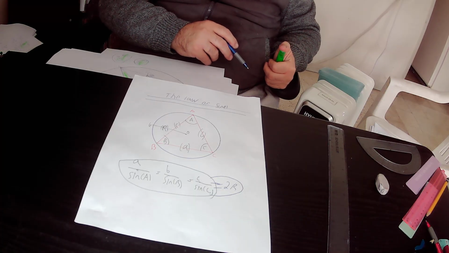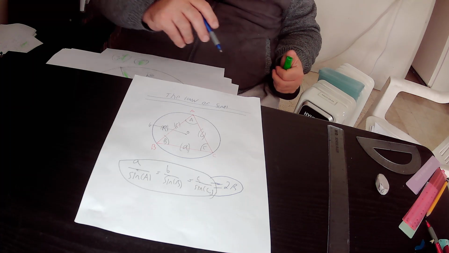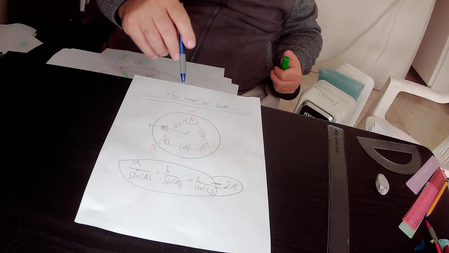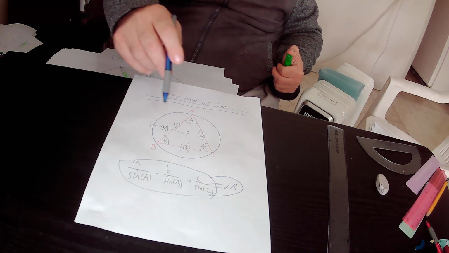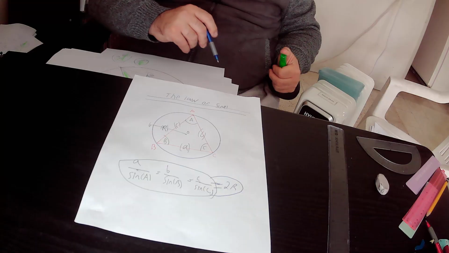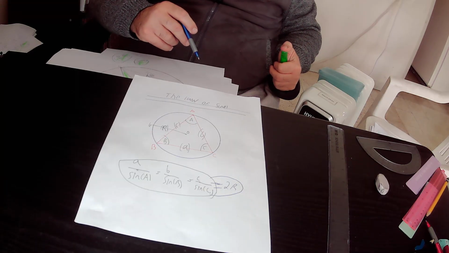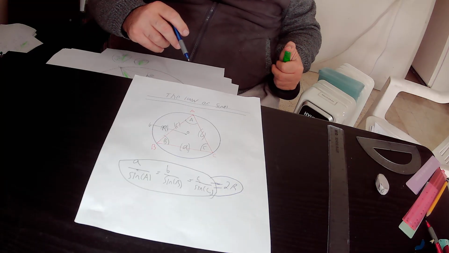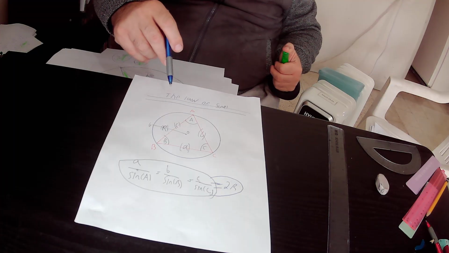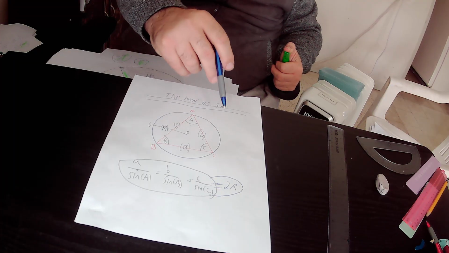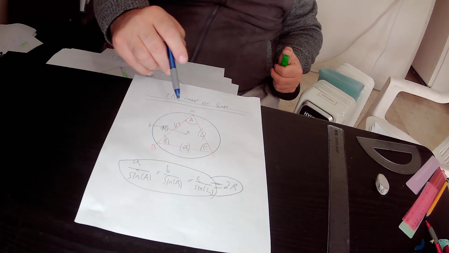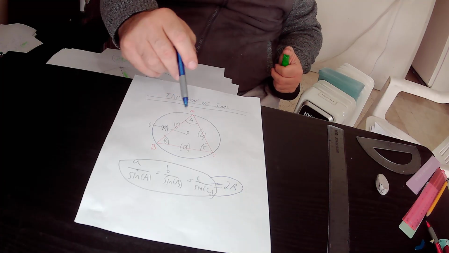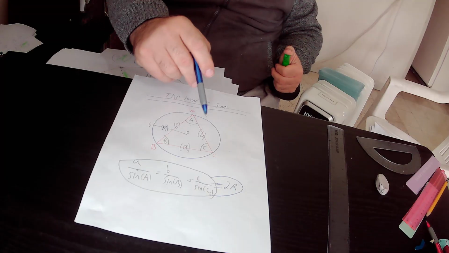In the second version of the law of sines, we have this circle that circumscribes triangle ABC. That is to say, triangle ABC is described by this circle. The radius of this circle is R. So for this triangle ABC described by this circle, the following equation is true: A over sine A equals B over sine B equals C over sine C equals 2R.